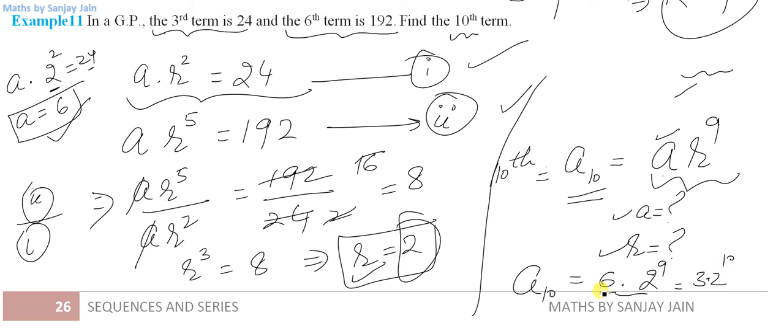Right? 6 is 2 into 3. So one of the 2s, 3 is here, 2 I have merged with this. Why? Because I know 2 raised to power 10 is 1024, so that is easy for me to calculate. So this is 3072. This is the 10th term of the given GP.